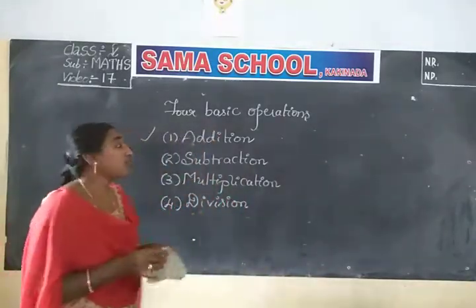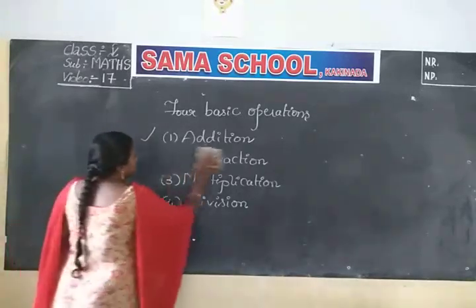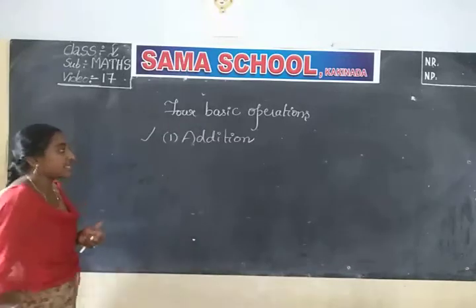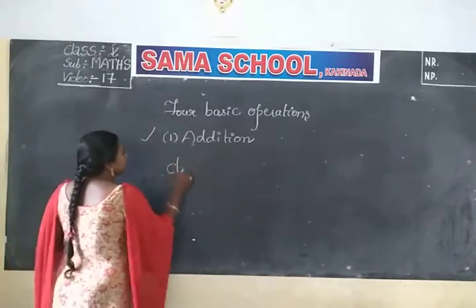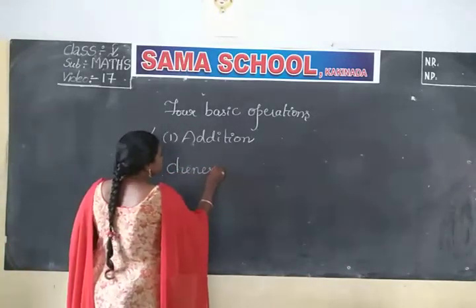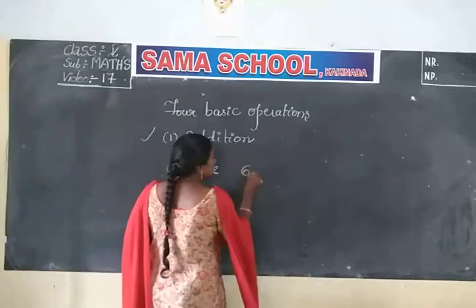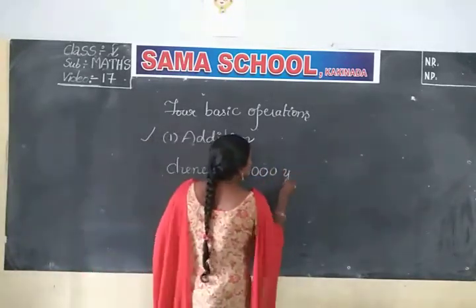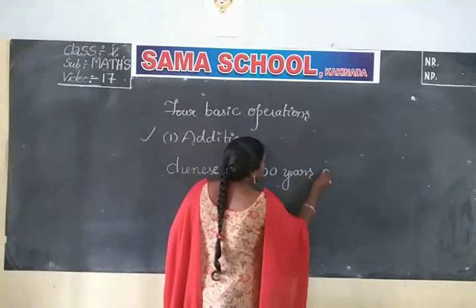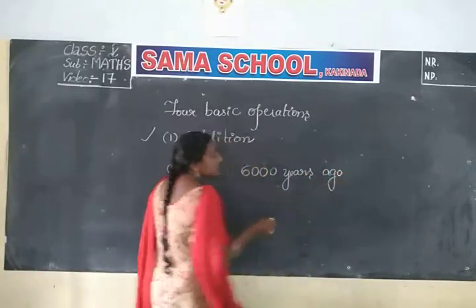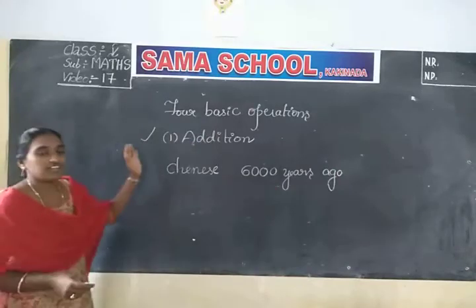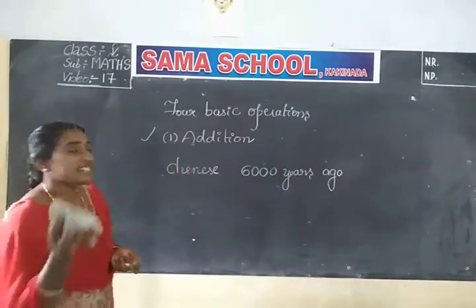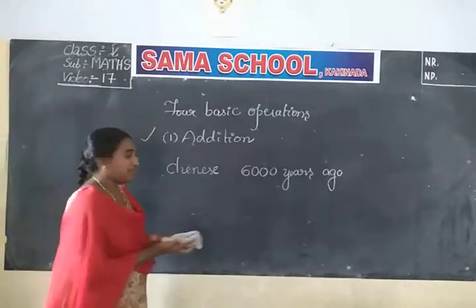Children, do you know who invented addition? In olden days, the Chinese invented addition. When did they invent it? 6,000 years ago. In what cases do we have to do addition?